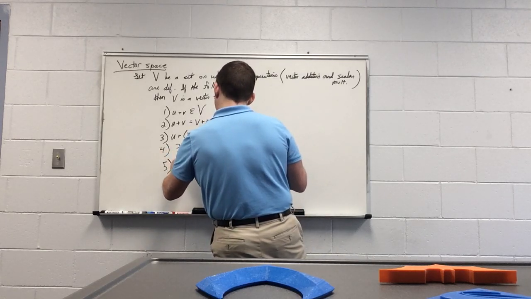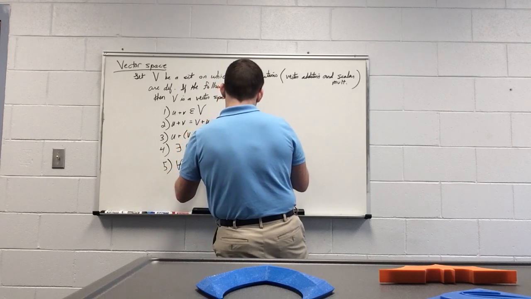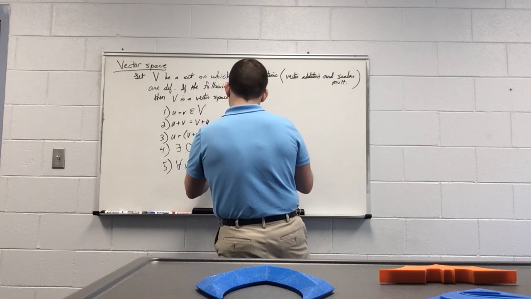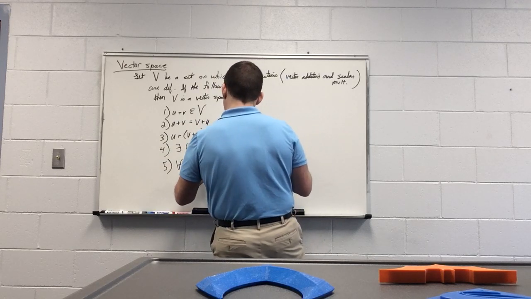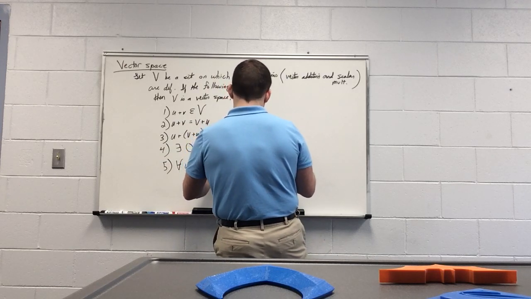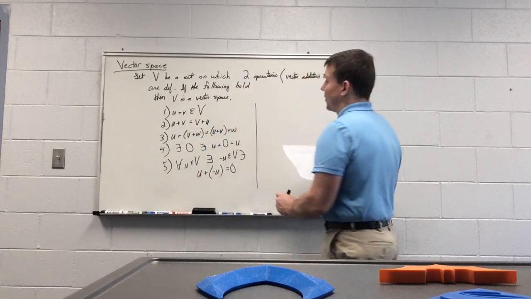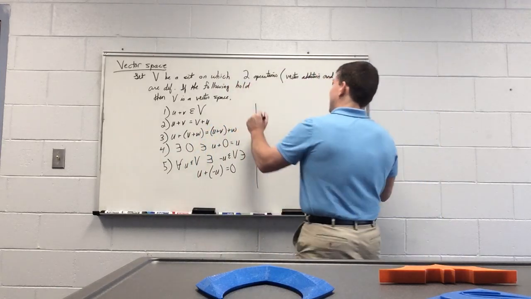5. For all u in V, there exists negative u in V such that u plus negative u is equal to 0. That's the first 5.